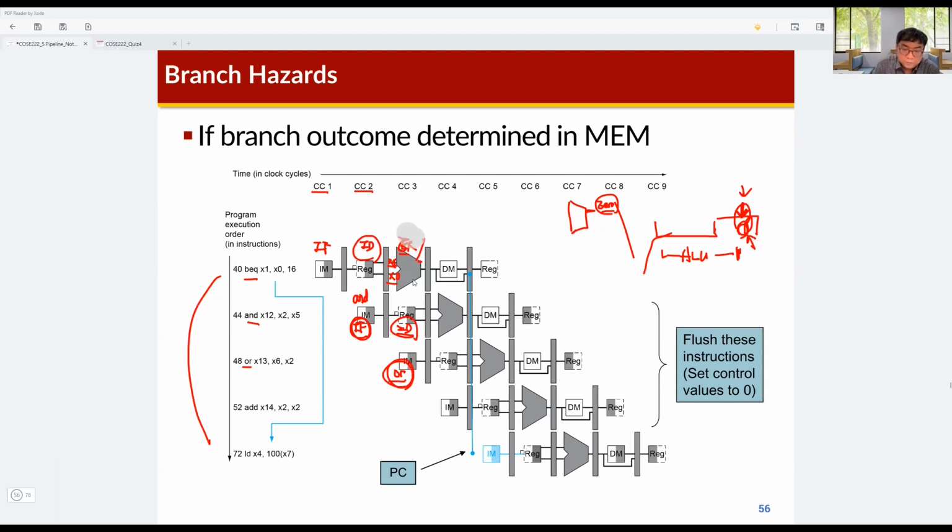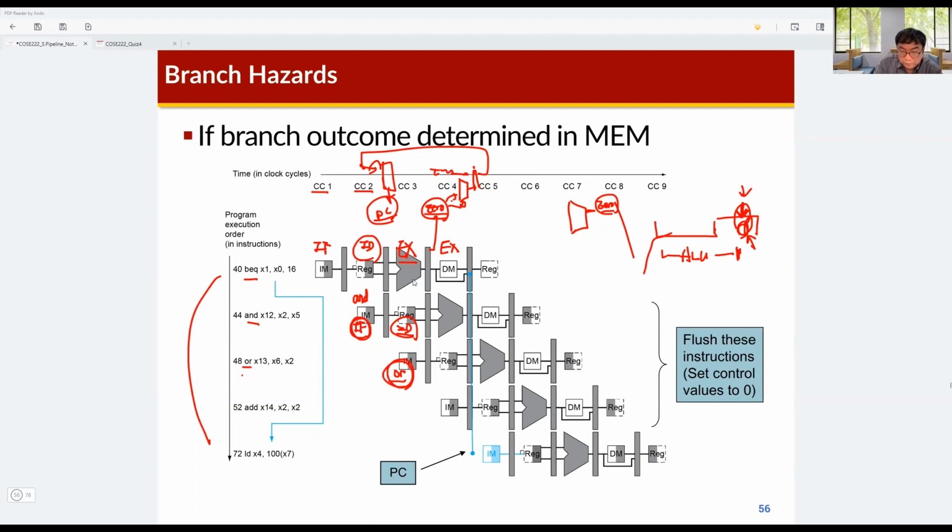So BEQ is in the EX stage, AND is in ID, and OR is in the instruction fetch stage. In the EX stage, this zero value is delivered to some multiplexers, and the multiplexer selects the target of the branch instruction, because this signal is delivered to the input of the program counter.